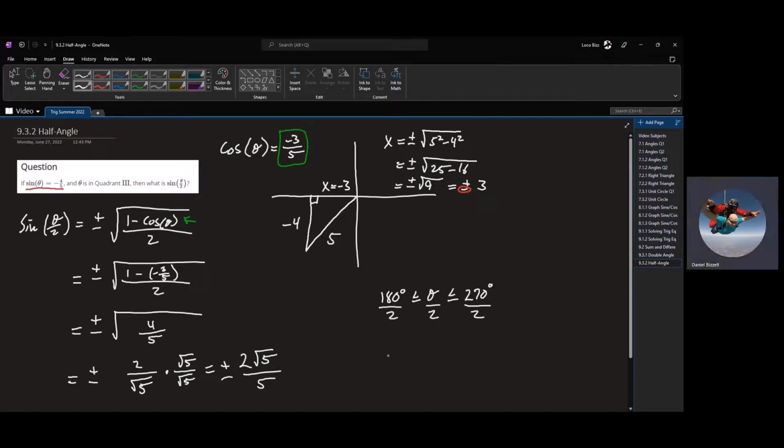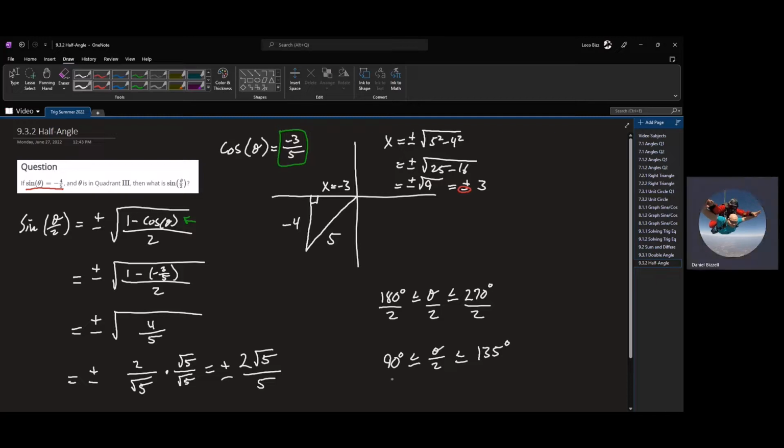And that'll give us that our new angle, theta over 2, is between 90 degrees and 135 degrees. And 90 degrees and 135 degrees puts us up here in quadrant 2.